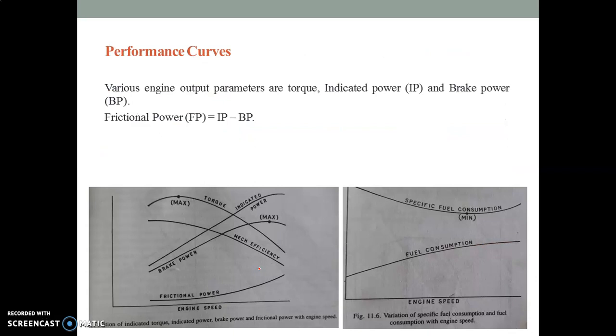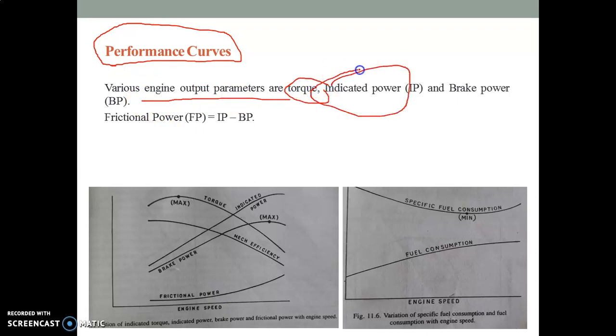So now we start the performance curve. In this video I will just introduce the performance curve, but all the points of the performance curves will be discussed in the next video. Various engine output parameters are generally torque, IP, that is indicated power, and BP, brake power.